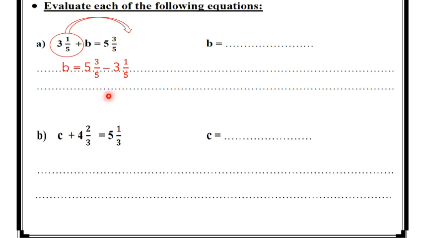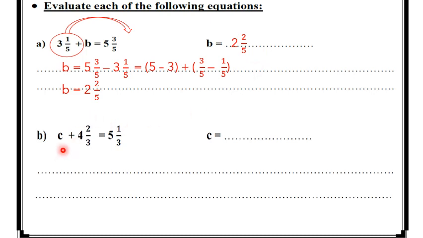Here they have the same denominators, so take 5 minus 3 and 3 over 5 minus 1 over 5. So 5 minus 3 will be 2, and 3 minus 1 equals 2 over 5. So b equals 2 and 2 over 5.